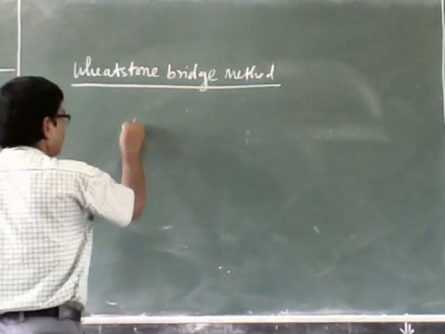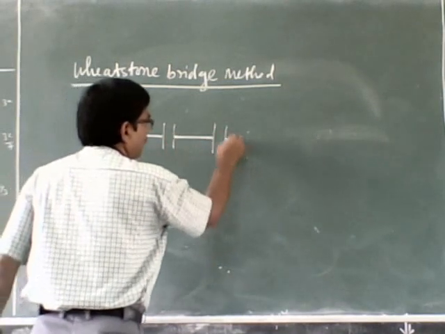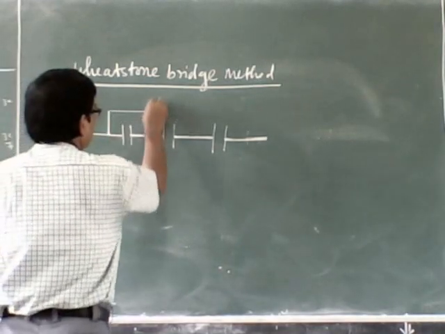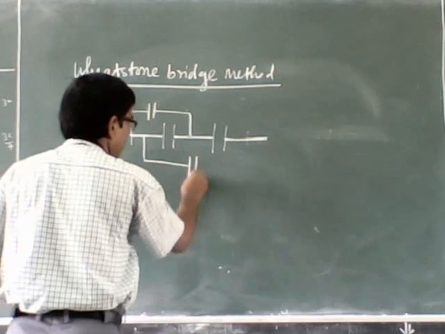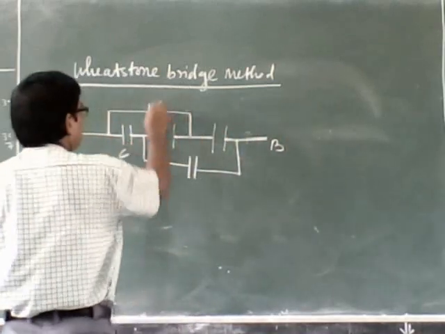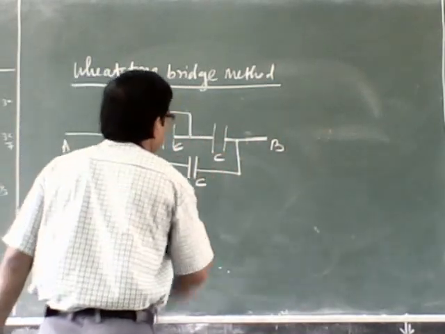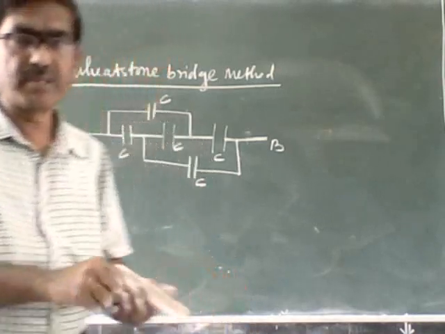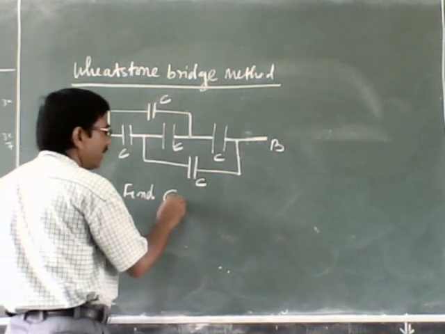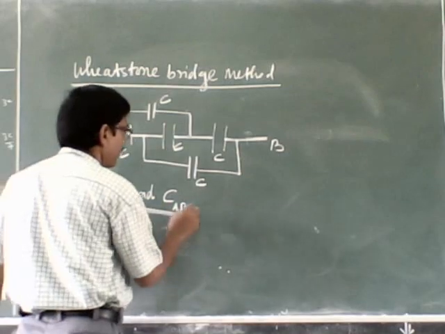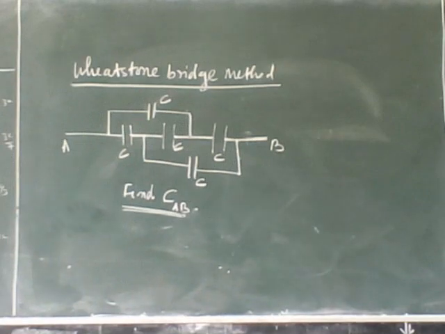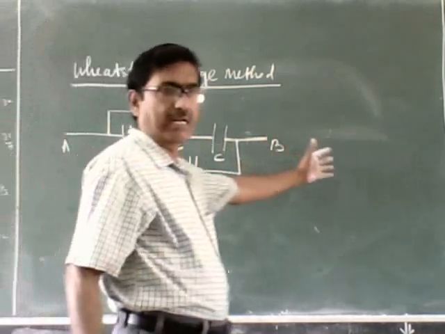Suppose these 3 capacitors, and in between again you see a capacitor. This is point A and this is point B. All have equal capacitance C. You have to find the equivalent capacitance between A and B. Find CAB, the equivalent capacitance.